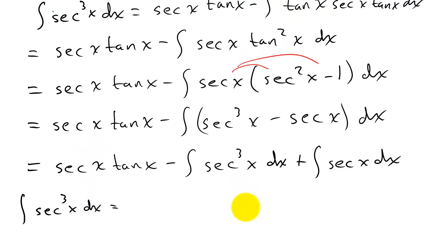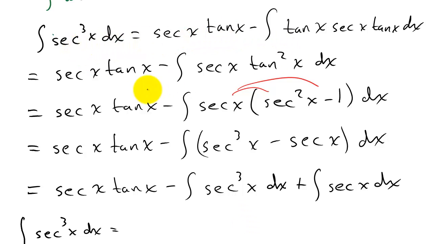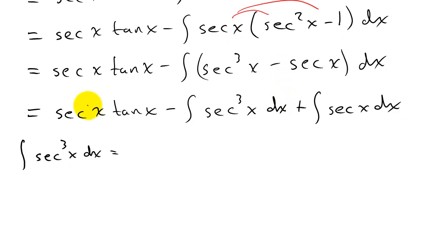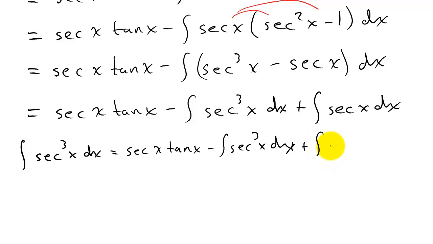Okay, that's what all of this equals. So the integral of secant cubed x dx is equal to secant x tangent x minus the integral of secant cubed x dx plus the integral of secant x dx.